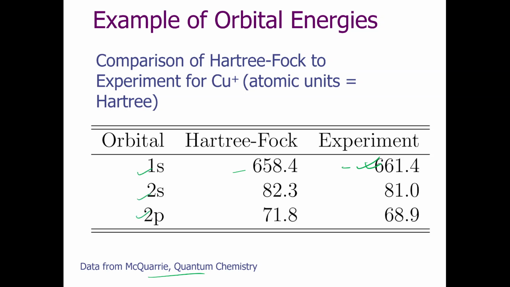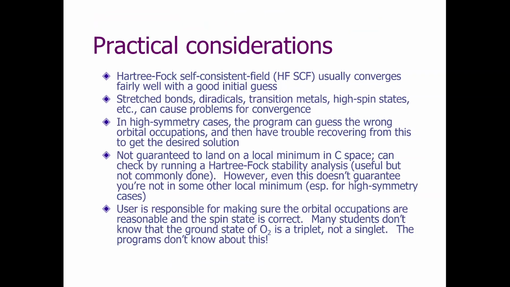And if you want, I can also show some software programs like Orca, where I can show a typical Hartree-Fock calculation and what the output files mean. I can also show you that. Then these are the practical considerations: Hartree-Fock self-consistent field usually converges fairly well with a good initial guess, but there are some problems.